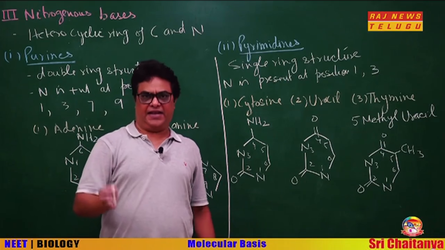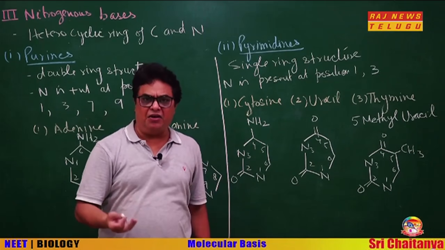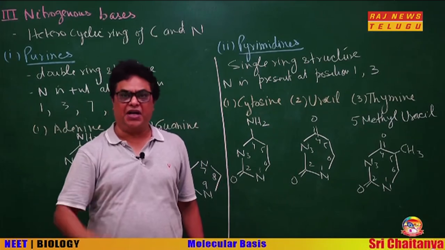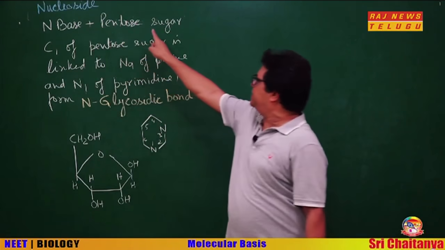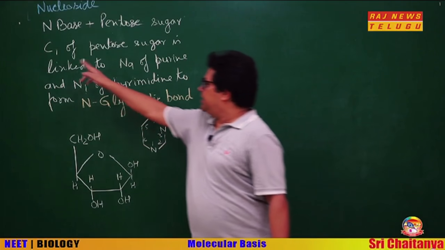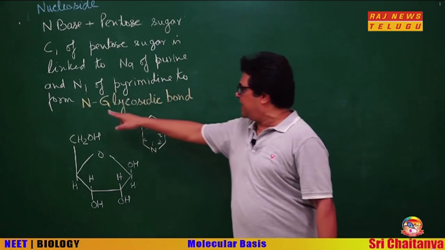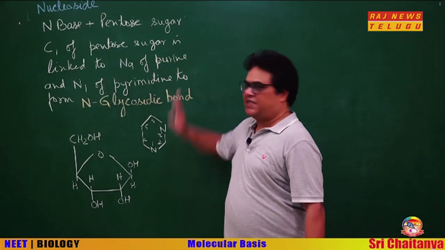So children, with this we have completed all the constituents of the nucleotide, that is phosphate group and sugar, pentose sugar and nitrogenous bases. Now we will see how a nucleoside is formed, and then we will see how a nucleotide is formed. So nucleoside is nitrogenous base plus pentose sugar. The C1 of pentose sugar forms a bond called N-glycosidic bond with the nitrogenous base.